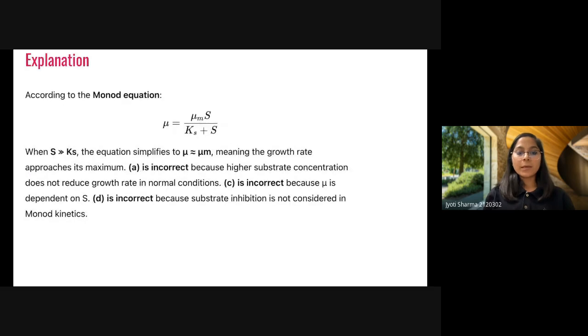If Ks is smaller, then mu will be nearly equal to mu m, the maximum specific growth rate. So this is how the answer follows from this equation.